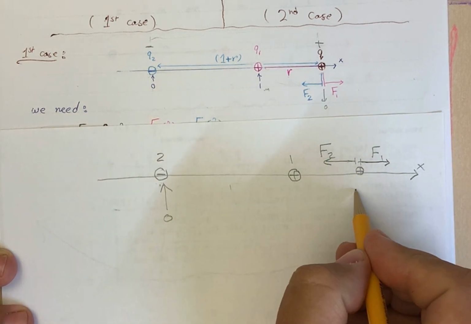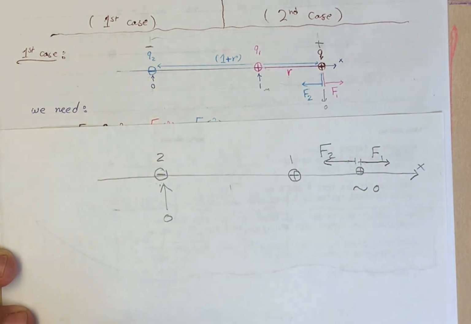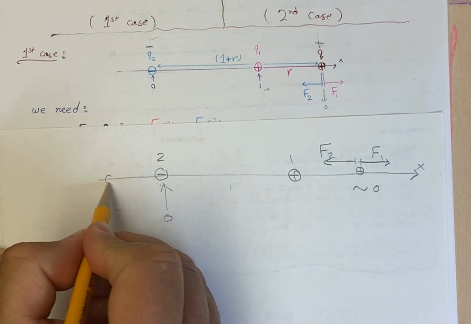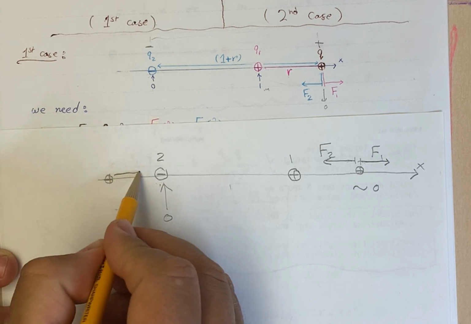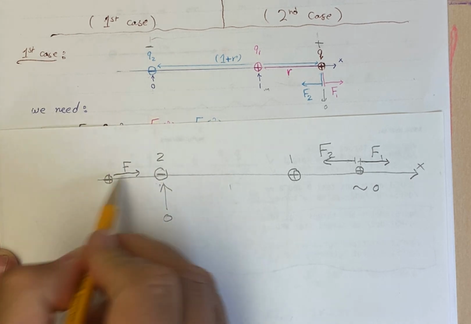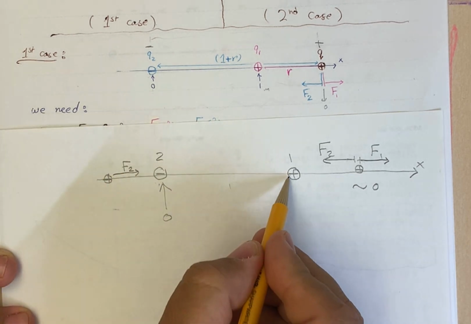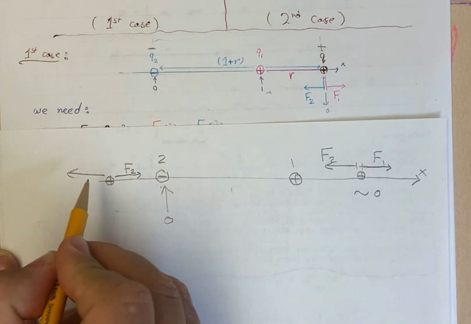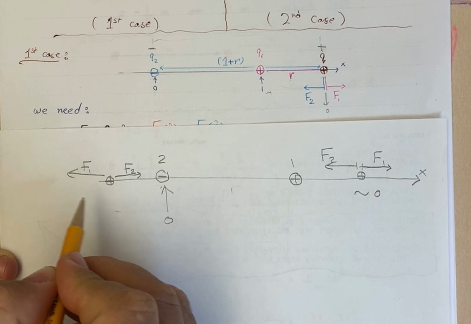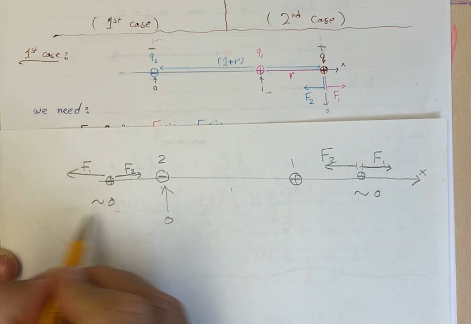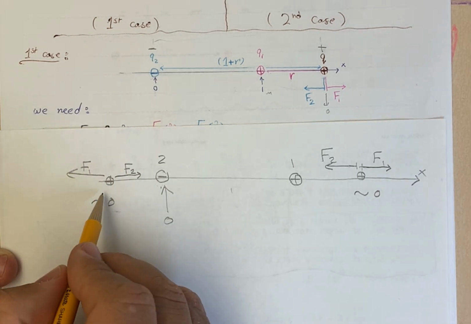So maybe we have a balance here. Also, if we put it on the left, we have an attractive force from the second charge, F2, and a repulsive force from the first charge to the left. Also here, maybe we have a balance, so we can put it outside.